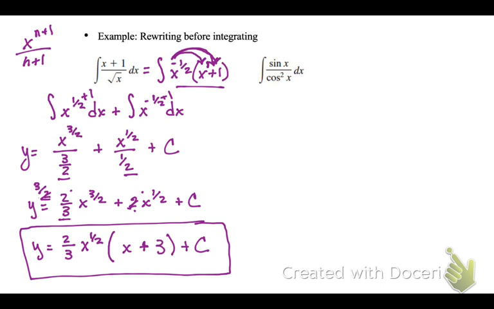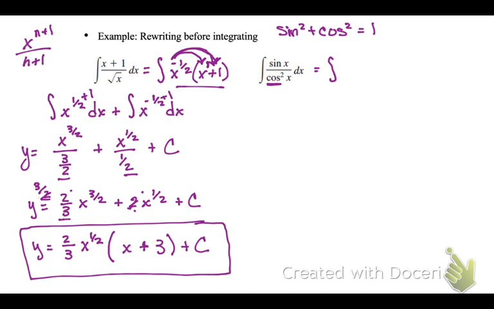This one's kind of fun. Now this one, if you want to just watch me on this one. So this would be the integral of, well, can I write cosine in terms of sine? Cosine squared? Isn't sine squared plus cosine squared, what is that?